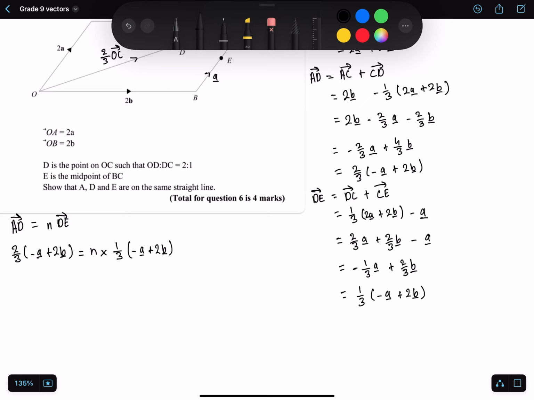That's our vector for DE. And this is quite simple, so you know that to go from 2/3 to 1/3, you simply have to multiply by a half. So we know that n equals a half.